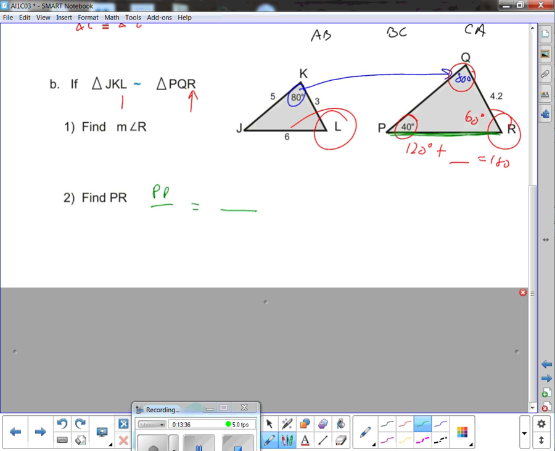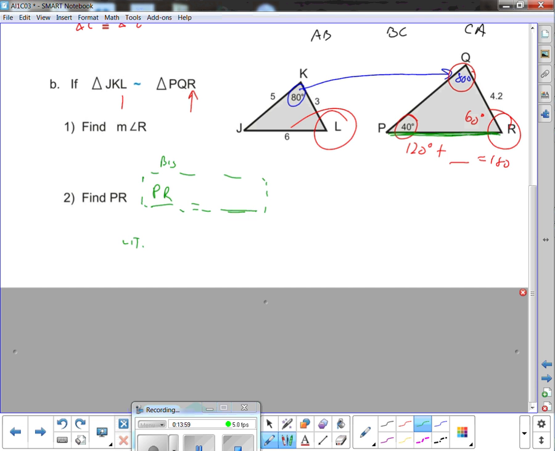Top left, right? Is that the only way to solve it? No. Is that the easiest? Oh, yeah. Okay. So PR is the big one, that's the big triangle. So for me, my tops are going to be the bigs, and my bottoms are going to be the littles.